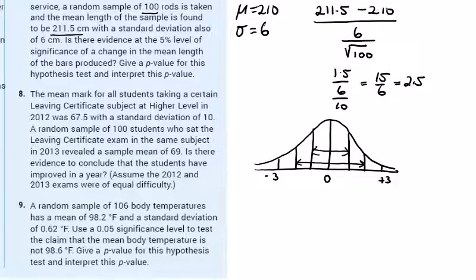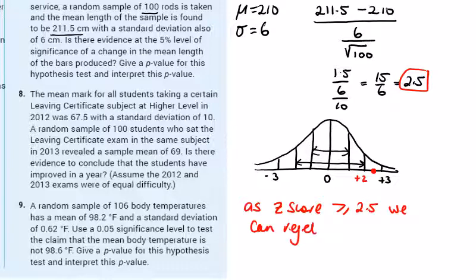So where does my number come in? My 2.5 is in here, between 2 and 3. So we can say as my z-score is greater than or equal to 2.5, we can reject.